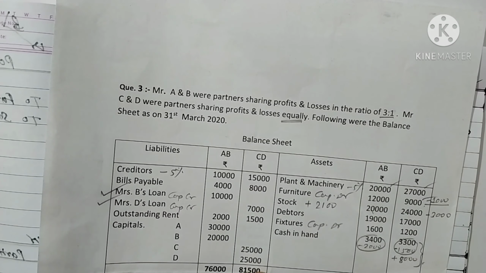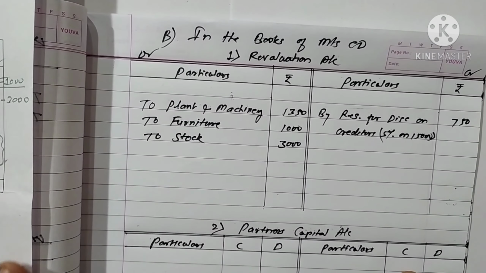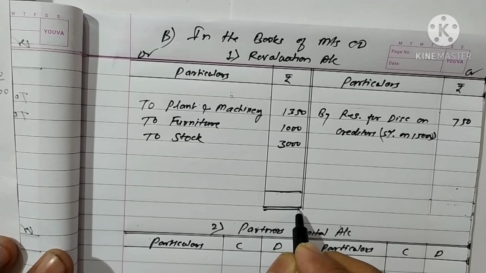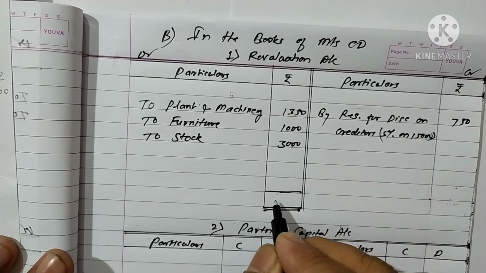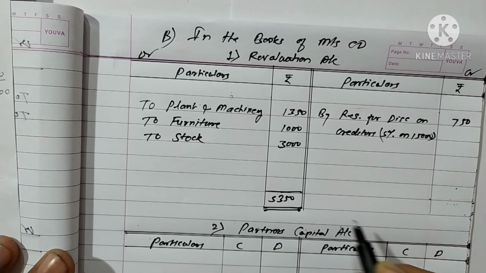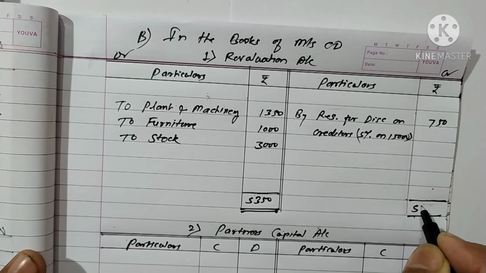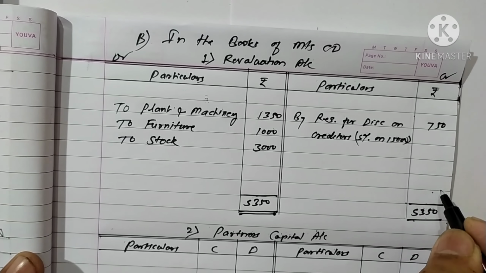Now we go to close the revaluation account. Total rupees 5,350. We write on credit side 5,350. From this one we have to subtract 750.